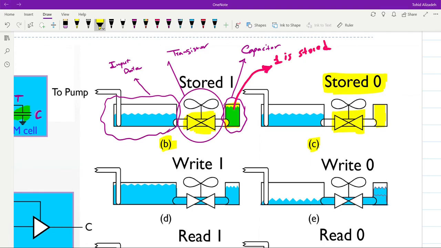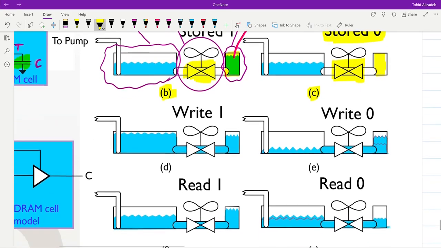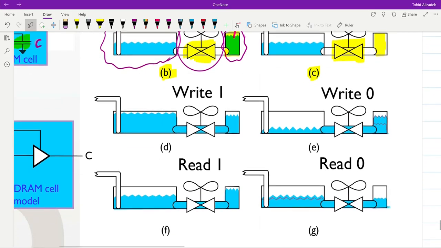When we want to read or write into or from the memory cell, we need to turn on the valve, and that's what happens in part D and E for writing. So over here you can see that the valve is open. That's why the pipe which is connected to the valve is highlighted in blue, meaning that there's liquid inside.